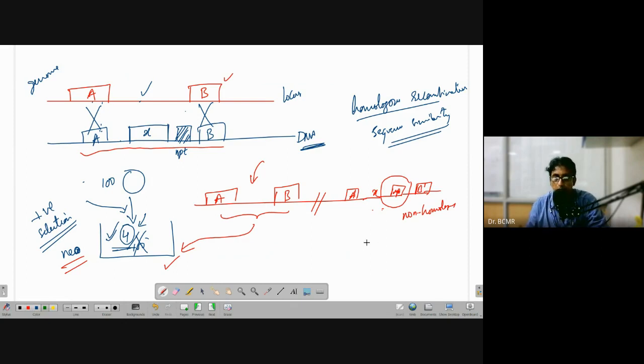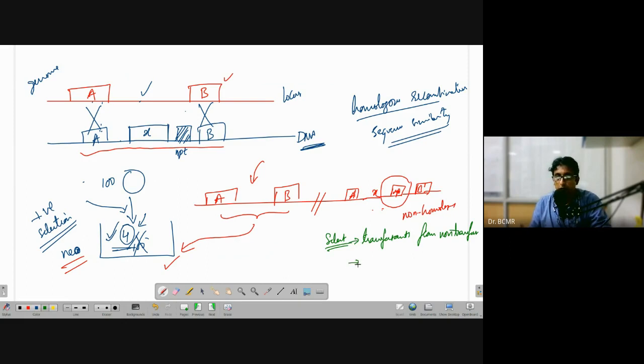We should be able to select, first thing, transfectants from non-transfectants. That is the first goal.